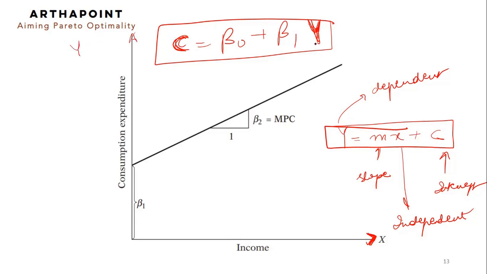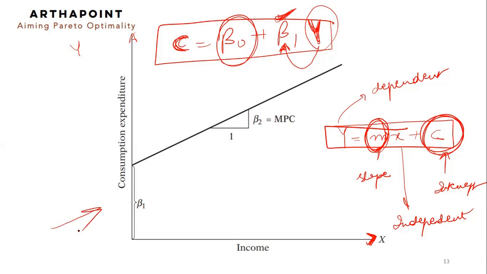Then whatever comes with the independent variable becomes the slope. So beta 1 is the slope and beta naught is the intercept. I'm just trying to write this relationship here.